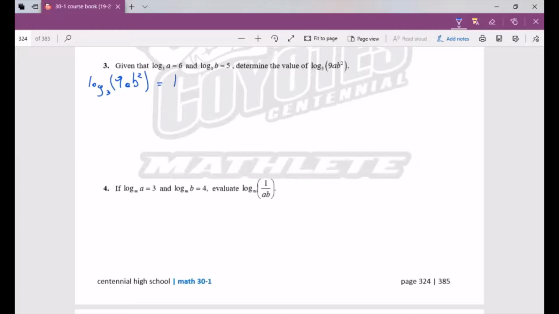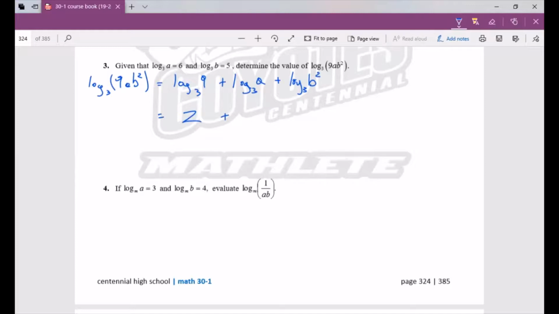Well, we know that that's equal to log 9 plus log a plus log b squared, all of them base 3. This logarithm of 9, whether you convert that into log 3 squared and then the 2 comes down front, or whether you just realize 3 to the what exponent is 9, this is equal to 2.